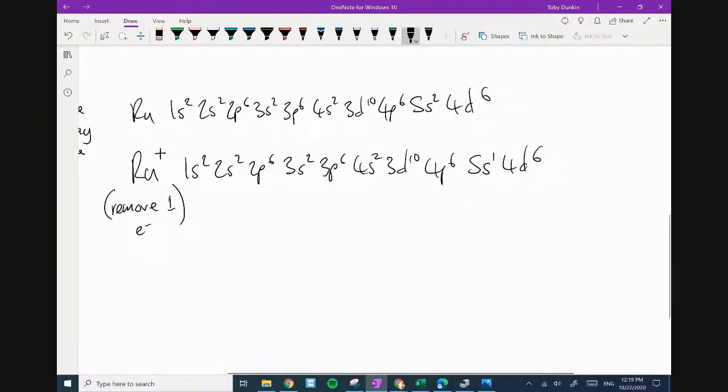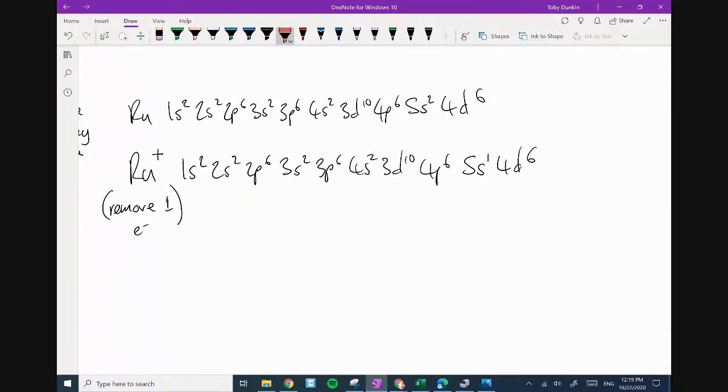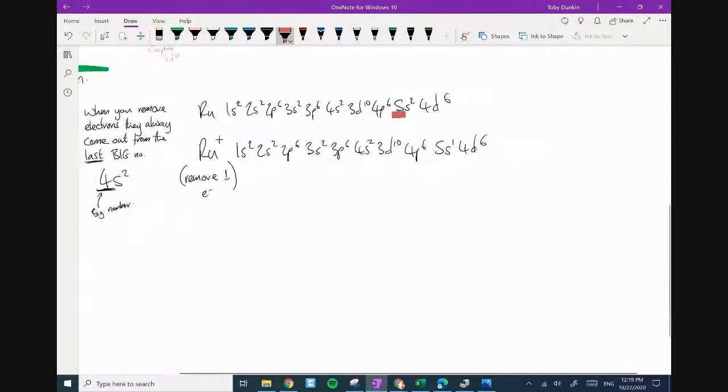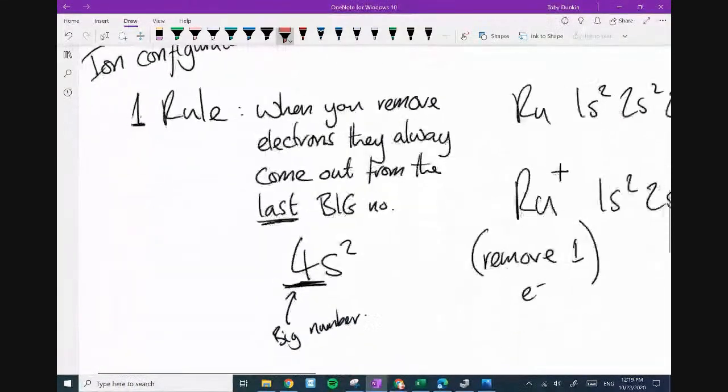The electron has come out from the last biggest number, which is the 5, not the 4. So in fact, the rule's wrong.